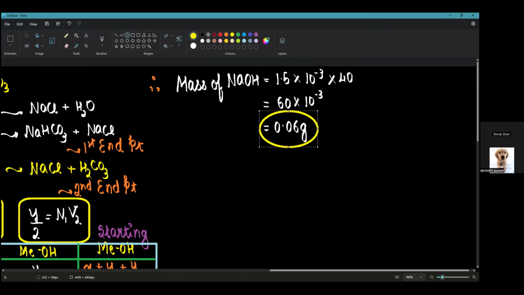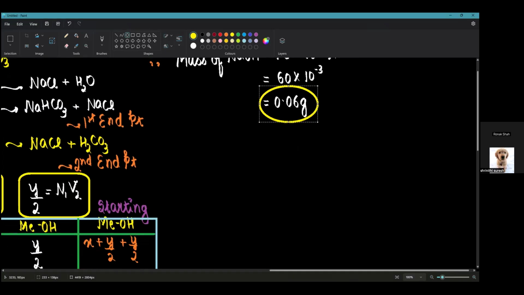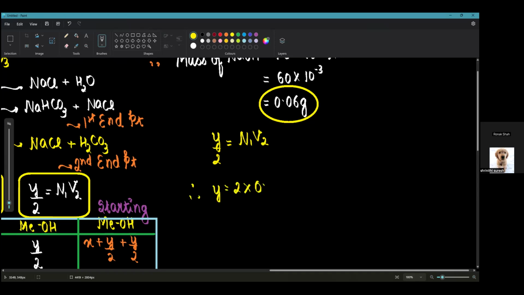Now what else is asked to find? The mass of Na2CO3 is also asked. That is y/2, so for that we will use the y/2 formula. y/2 was N1 into V2. So y is equal to 2 into normality 0.1 into V, which is 2.5 into 10 raised to -3.